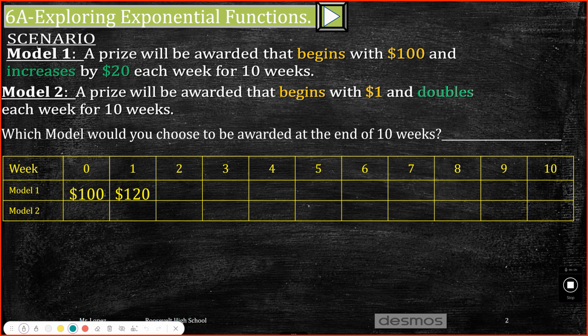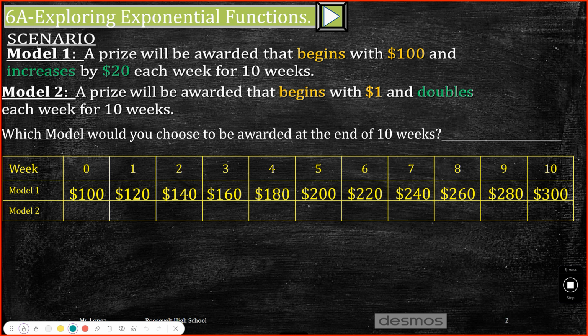I think you can count adding 20 to an initial amount. So it's 120, 140. What's next? 160, 180, 200, 220, 240, 260, 280, 300. So for model 1, at the end of 10 weeks, you will have $300.